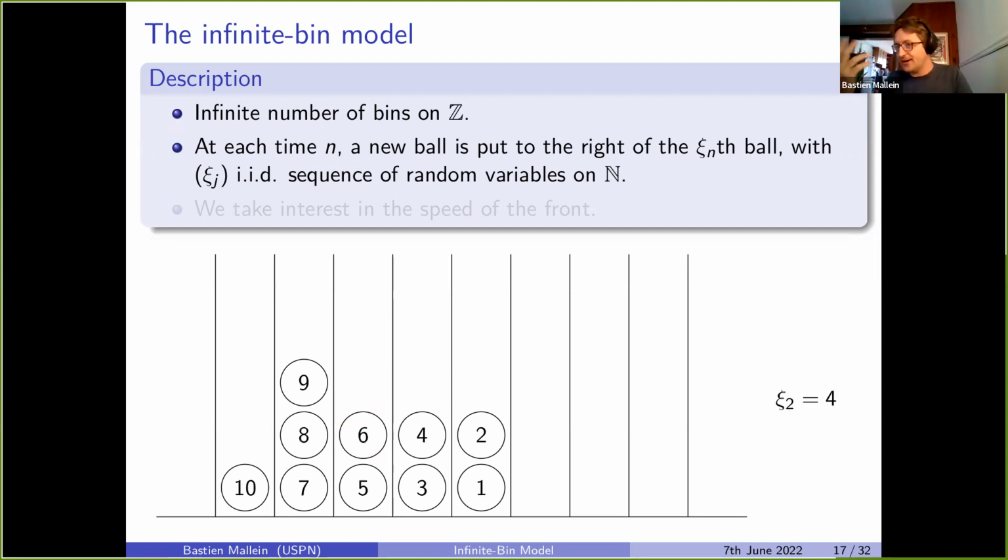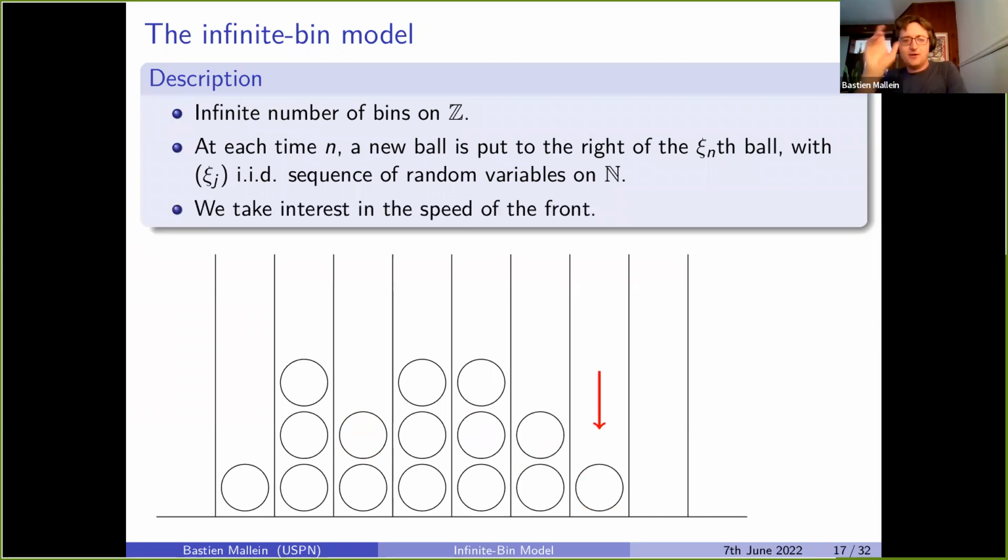I enumerate my balls, and you see that the ball that was formerly labeled 5 is now labeled 6, and the ball that I just added is the ball labeled 4. So I add a new ball to the right of the ball labeled 4 over there. And you can continue: psi_3 equals 7. So I find the ball currently indexed 7, and I add a new ball to its right, and so on and so forth.